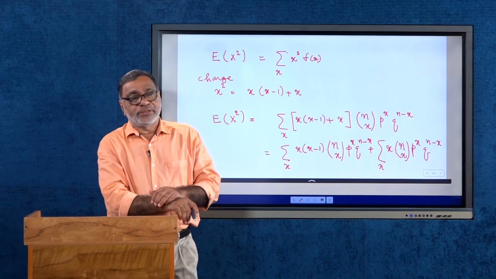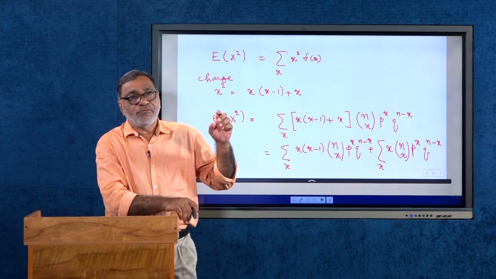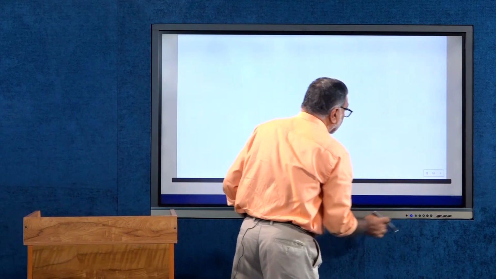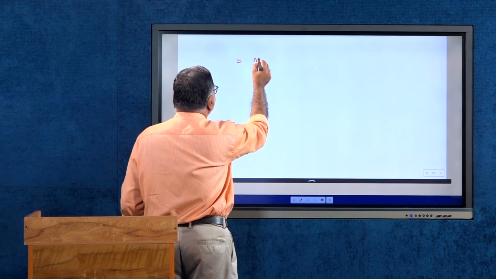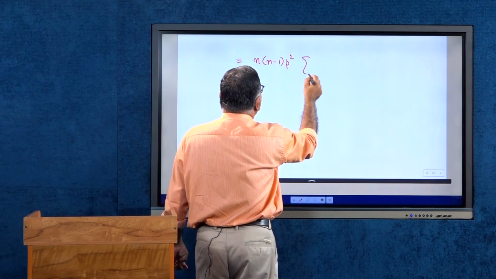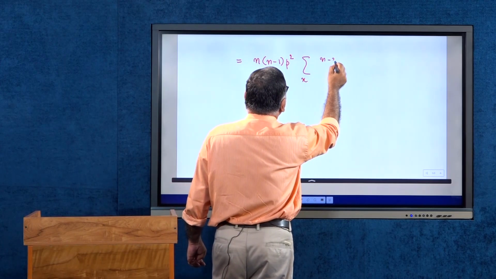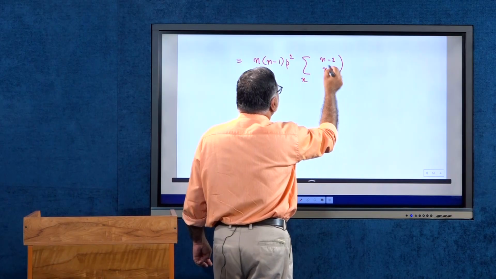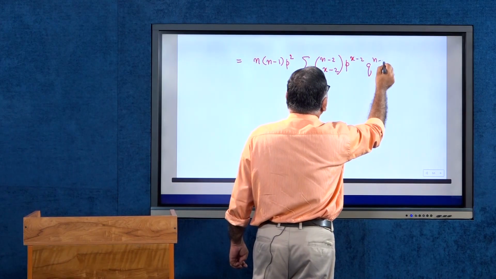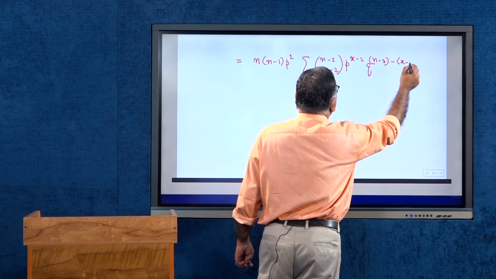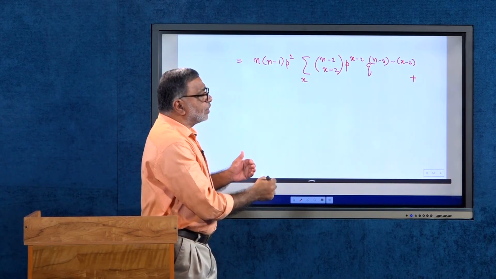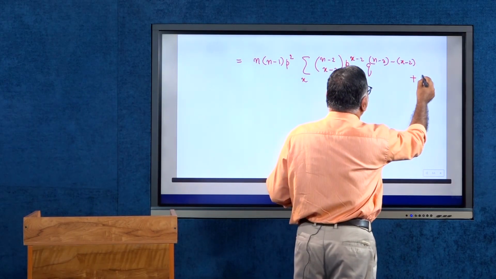Using the same argument we gave when we were finding the expectation of X, the first expression can be written as n(n-1)p squared sigma over x of (n-2)C(x-2) p^(x-2) q^((n-2)-(x-2)), plus the second expression, which is nothing but our expectation of X. That we have already calculated as np.